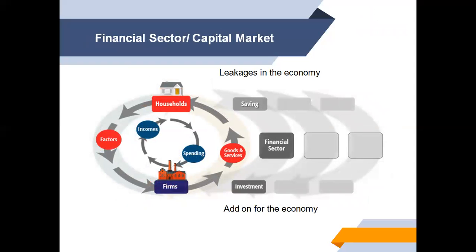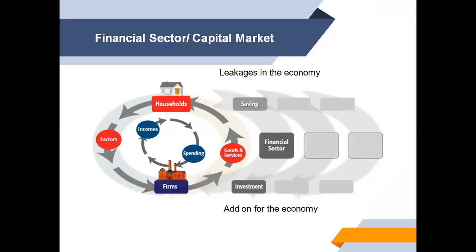Let's move on to the next level of this same cycle. Financial sector. The role of the financial sector has to be studied here. First is savings. On the top, we are seeing leakages in the economy, and on the lower side, we are looking at the add-on for the economy. If the households are earning money, but they are not spending the entire disposable income, and they are saving some amount of it, then that saving part is out of the flow of money, which is a leakage here, because the money is not being used to buy goods and services.